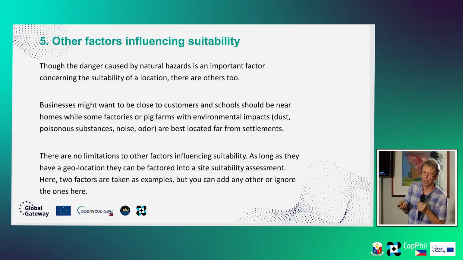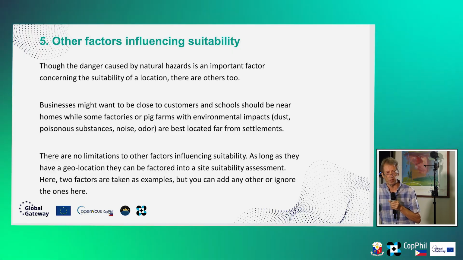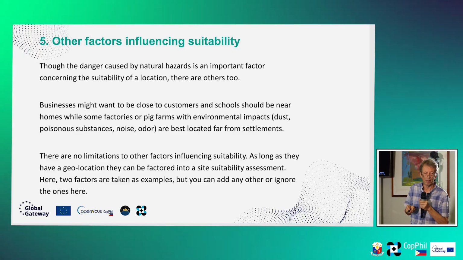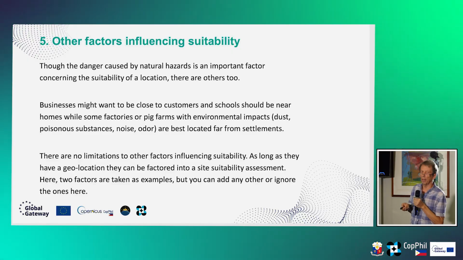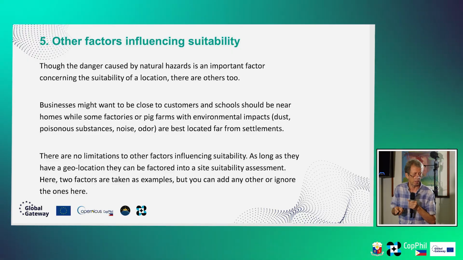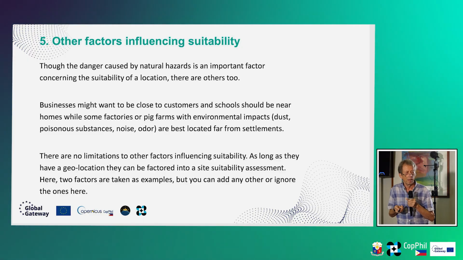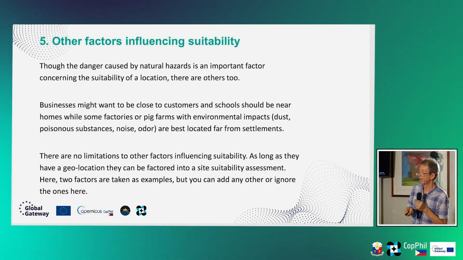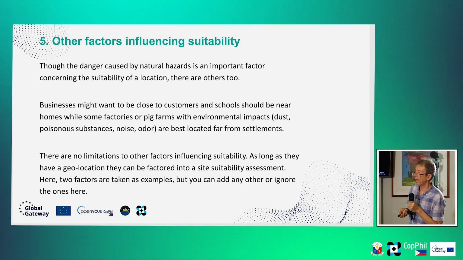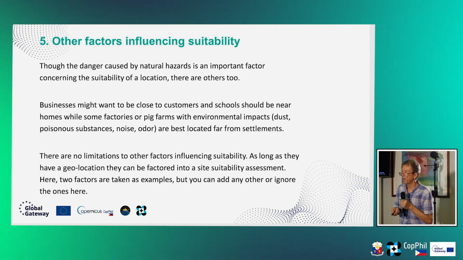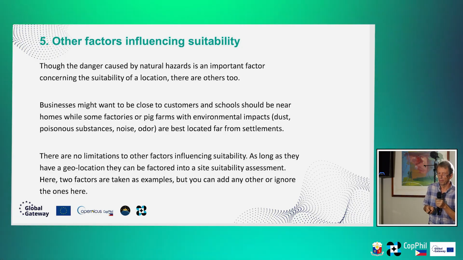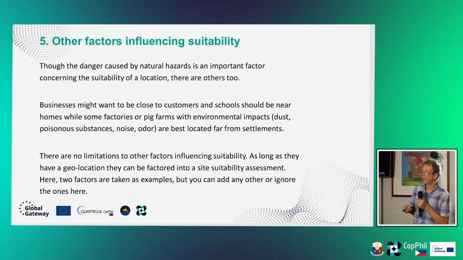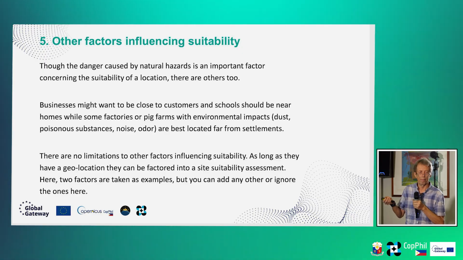And I cannot imagine that you do a suitability map without the hazards. But for the other factors, you might want to select some that are important for you or your office or so. So what I took here is the population proximity, and I mentioned already.